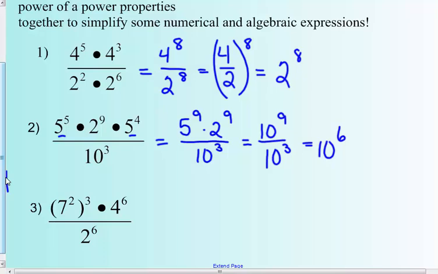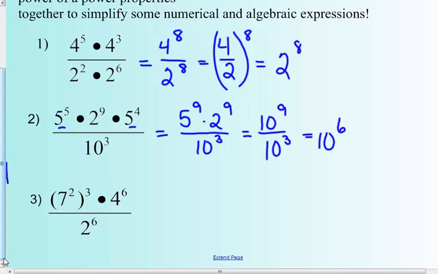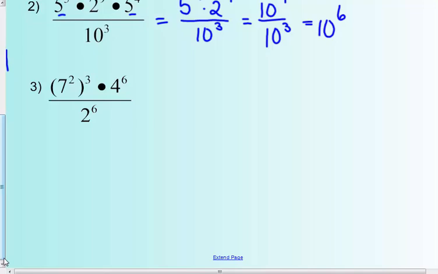Number 3, 7 to the 2nd to the 3rd. Well, in this example, I have a power of a power. So it's not 7 to the 2nd times 7 to the 3rd, it's 7 to the 2nd all raised to the 3rd. So that's a power of a power.